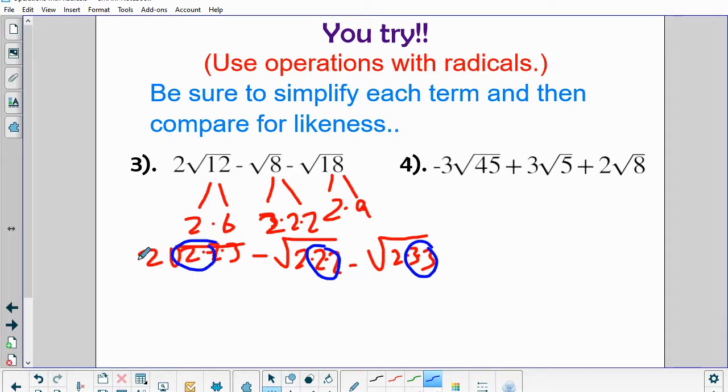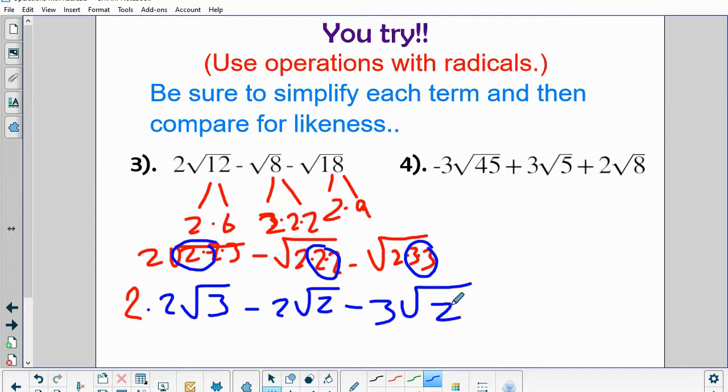So if we take one of those out, we end up with 2 times 2 square roots of 3 minus 2 times the square root of 2 minus the 3 times the square root of 2.